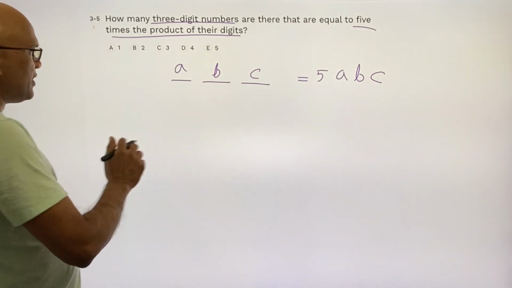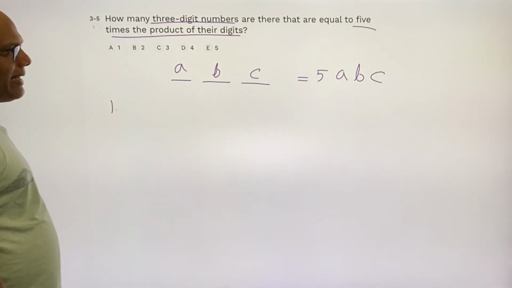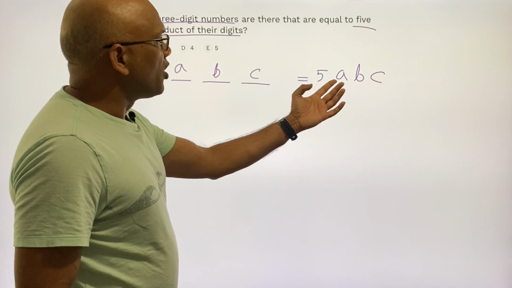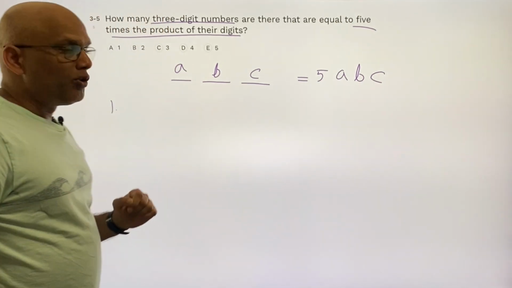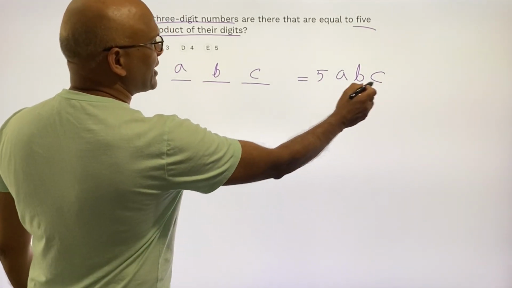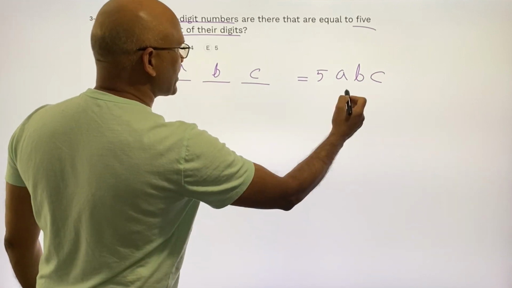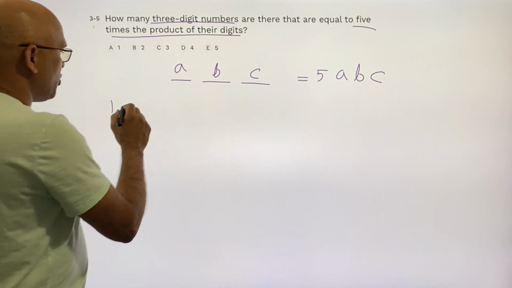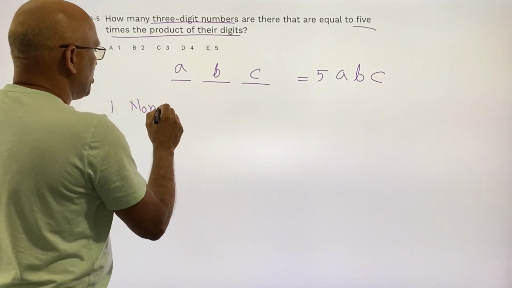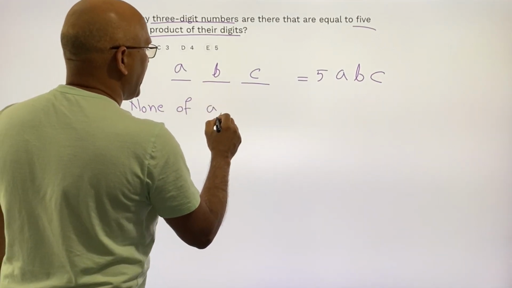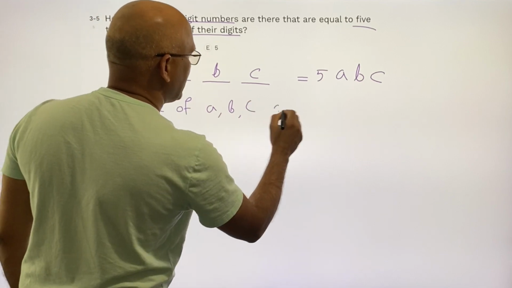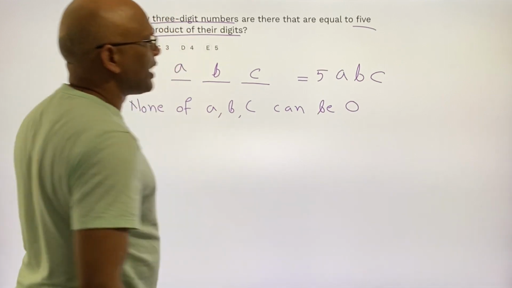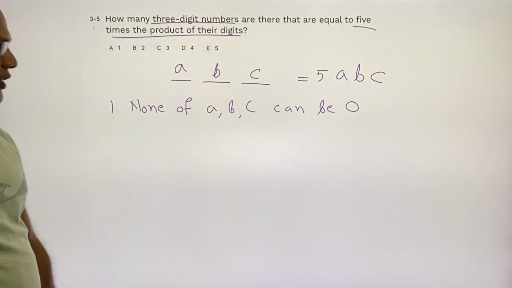First, since it is the product, none of A, B or C can be 0, because if one of the digits is 0, then the whole product is going to be 0 and this 3-digit number cannot be 0. So none of A, B or C can be 0. There is the first condition.